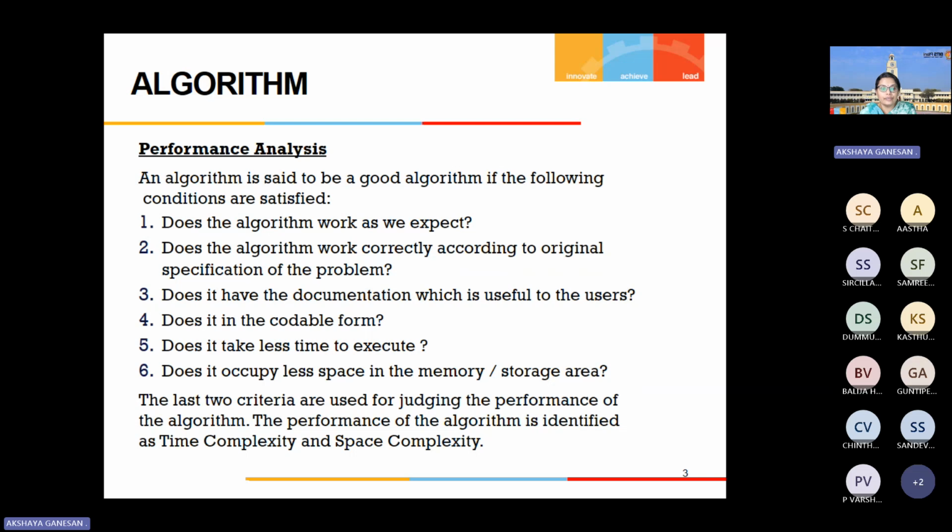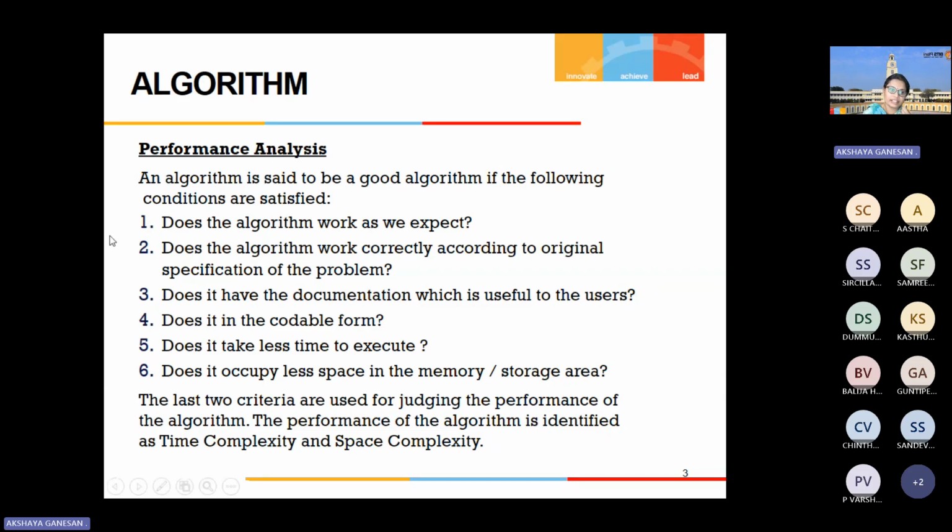Now, why do we need performance of an algorithm? This is again a repetition of what we discussed in the previous session. How do we know whether an algorithm is good or bad, or better than another, whether it is working? You have to analyze it.